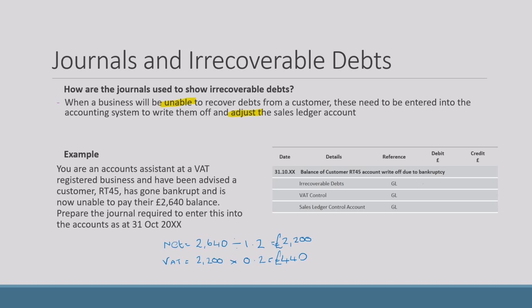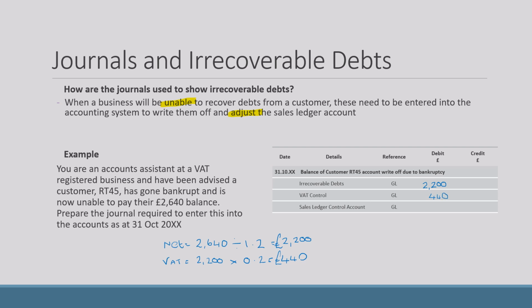So you're going to debit that net amount as your expense account. Now your VAT control account: usually when you put sales invoices on, you will credit the VAT control account because it's a liability, you're going to owe it to HMRC. Now, because we're going to reclaim it back, that means we can debit that account to take it off what we owe them.